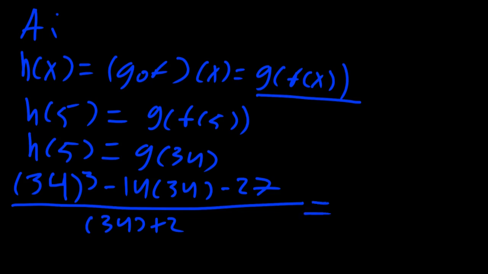So you just plug that into your calculator, and then the answer you should get after rounding to 3 decimal places is 1,077.806. So h of 5 is equal to 1,077.806.